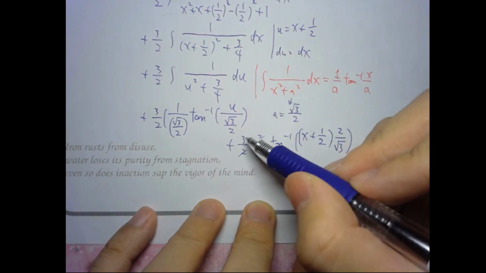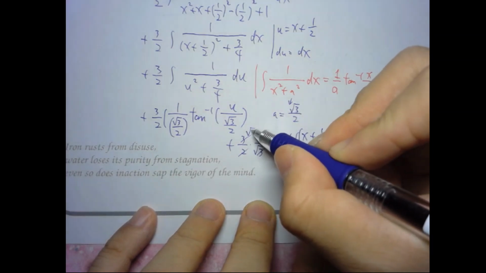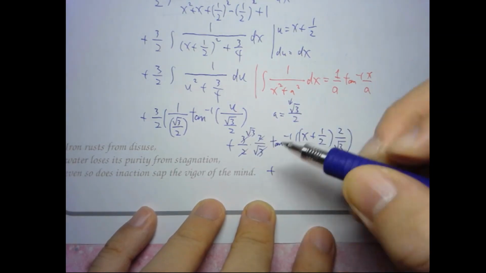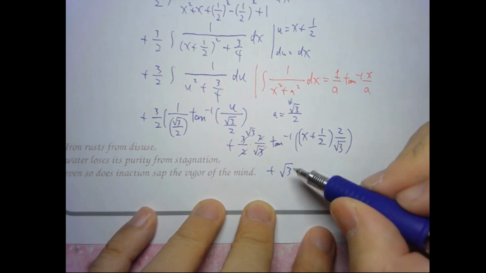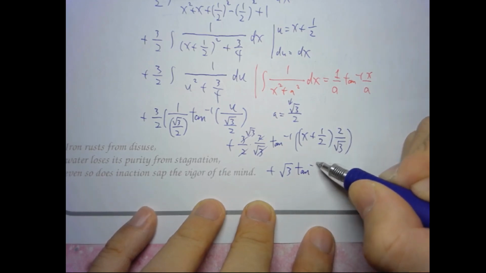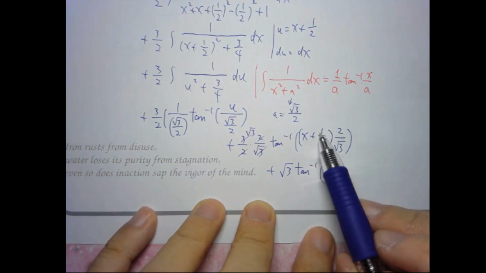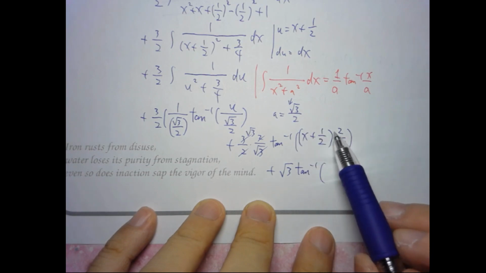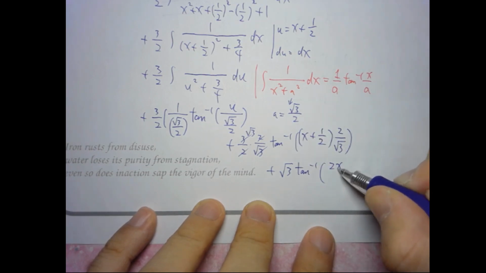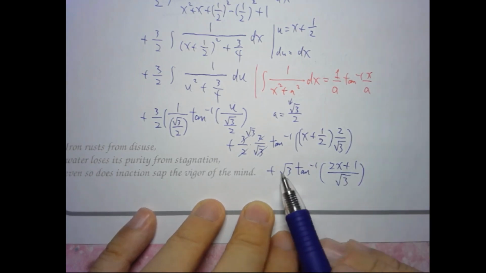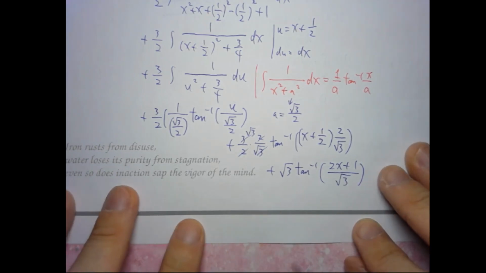So this I cancel out, this I cancel out to become root 3, which is plus root 3 arctangent. And then I will multiply this whole expression by 2, which is 2x plus 1 in the numerator over root 3. This is simpler, I think.